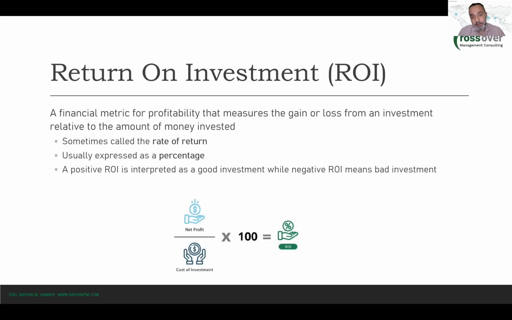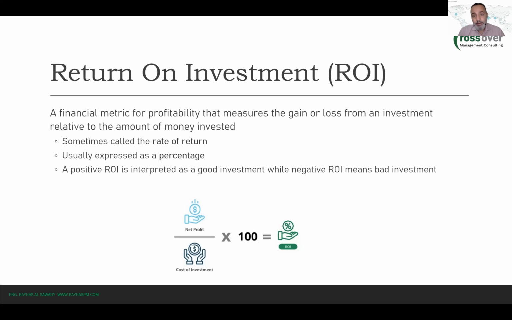And obviously, the higher the ROI is, the better the project is, right? So for instance, if you have two projects, one that has an ROI of 20% and the other has an ROI of 30%, then you would select the project with the 30% ROI, right? Because it will give you 30% back on your investment.